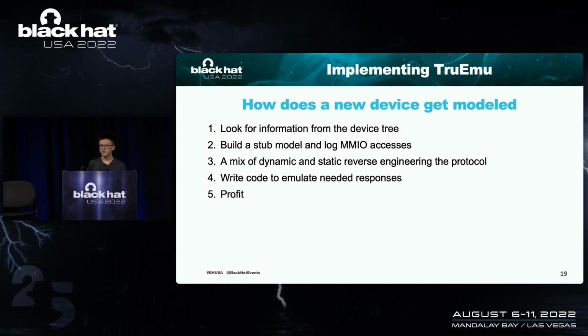And with these tools, we can do dynamic and static reverse engineering to see how the hardware behaves, how it works. And then once we know the protocol, we can write emulation code to emulate the needed response, and then we will have a device that is emulated.